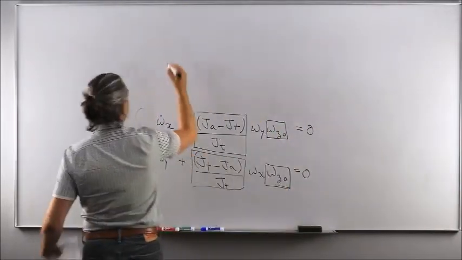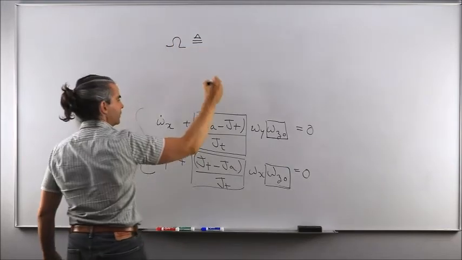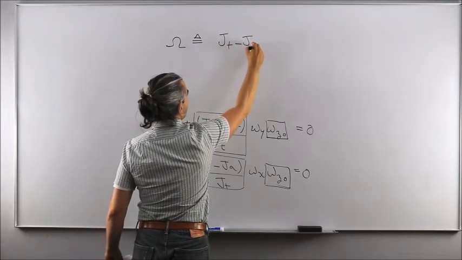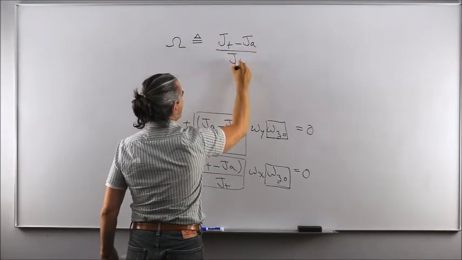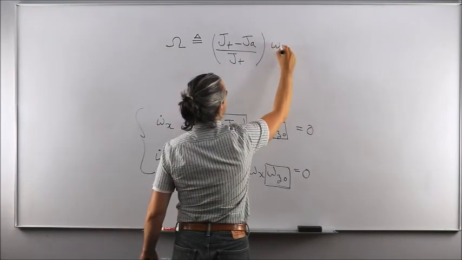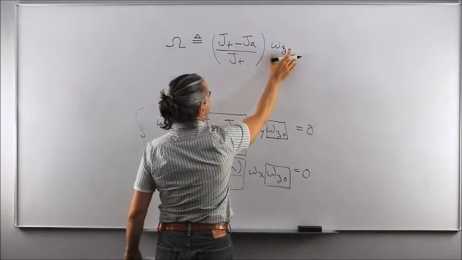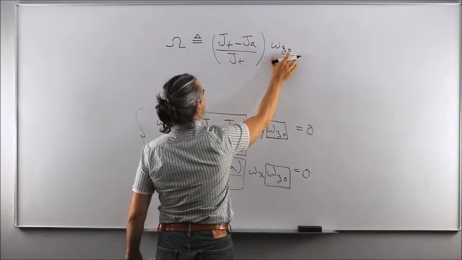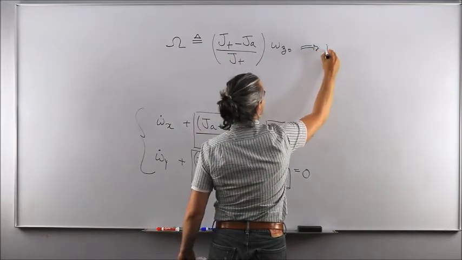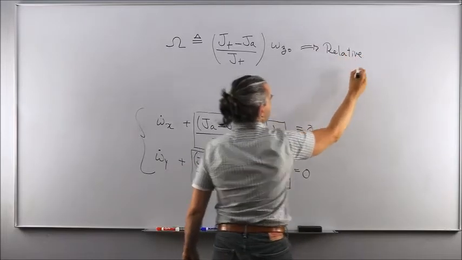And specifically, we're going to define the relative spin rate as being equal by definition to (Jt minus Ja) over Jt, like this, times omega z naught. So our fraction of the initial value we had for omega z is going to be defined as the relative, or referred to as the relative spin rate.